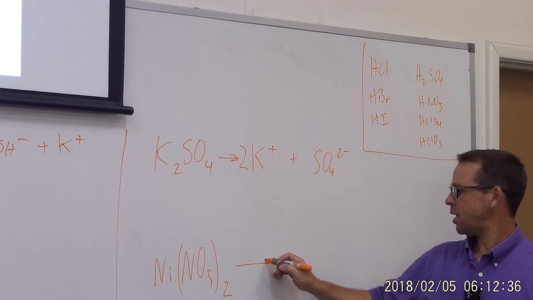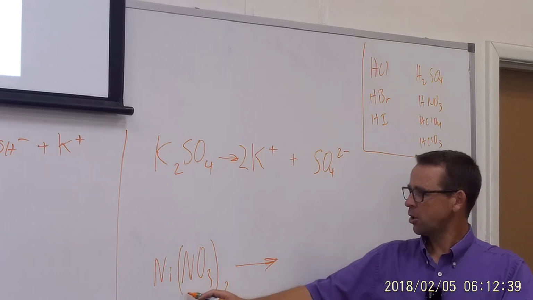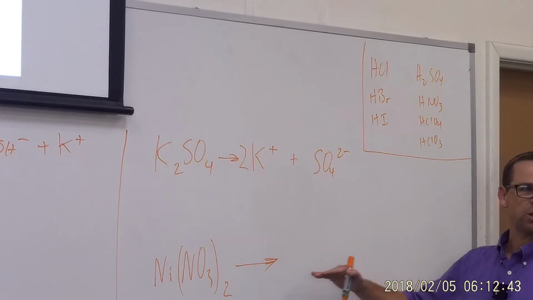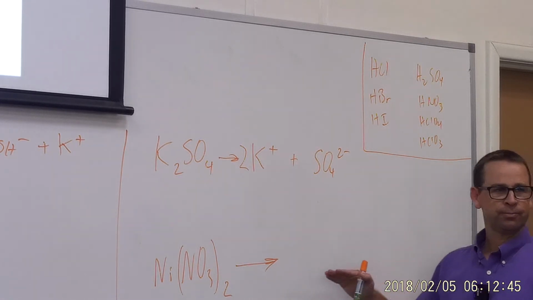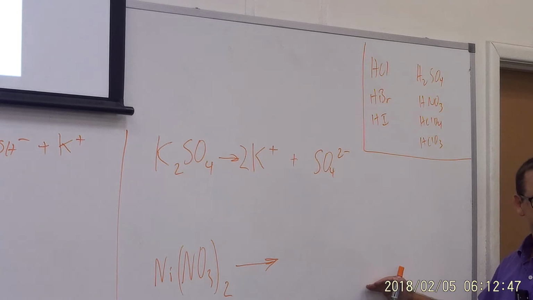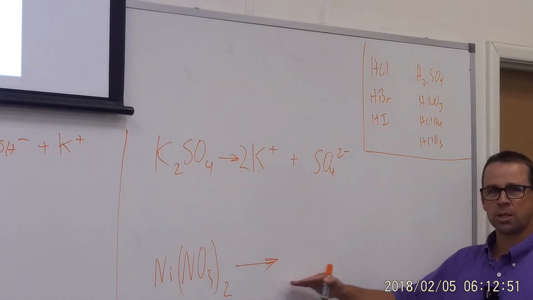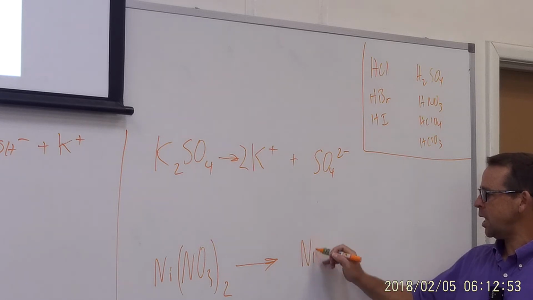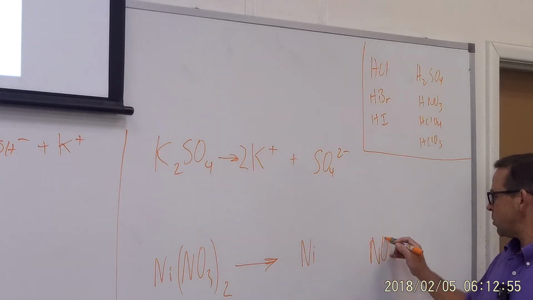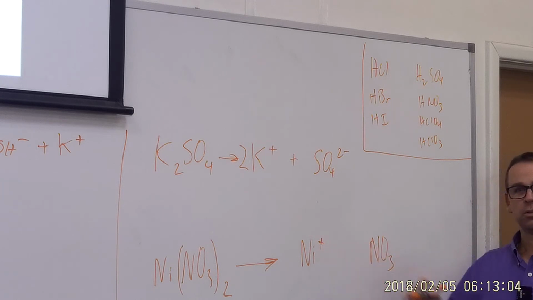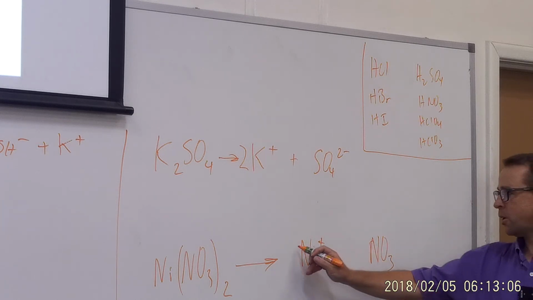Nickel 2 nitrate. Where'd you get your nickel 2 nitrate? Costco. Cool. So what are the dissociative products of your nickel 2 nitrate? Looks like we're going to have what kind of an ion? A nickel ion? And the NO3 ion? What are the charges on these things? Nickel is positive. A 2 in front of it like this?